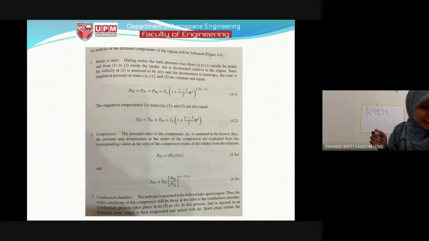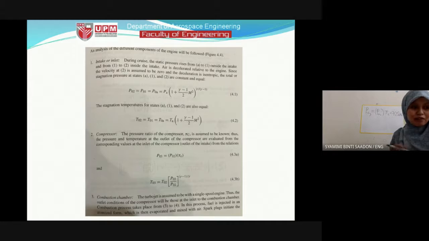Around 700, 12 kali 60. 725 exactly. 725 kilopascal. Around that. 12 multiplied with 60 kilopascal just now, 60.4 actually. 60.4 kilopascal multiply with 12. So we have 725. P total 3. So this one is easy.